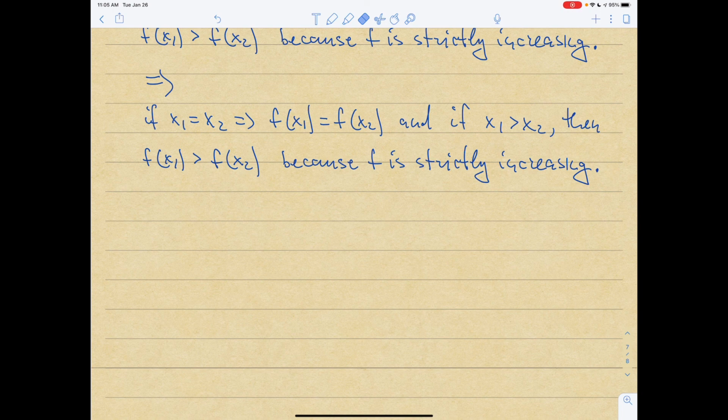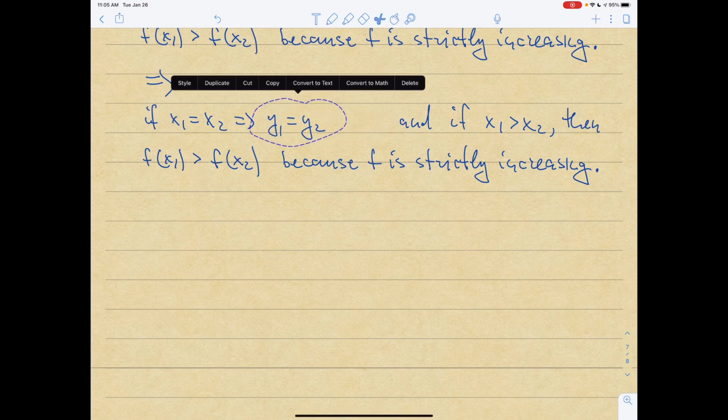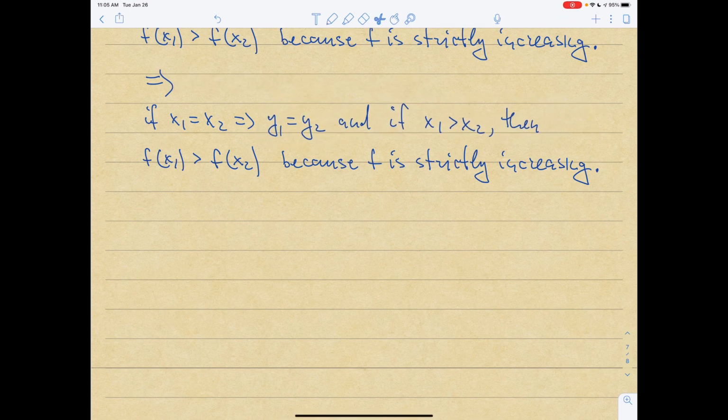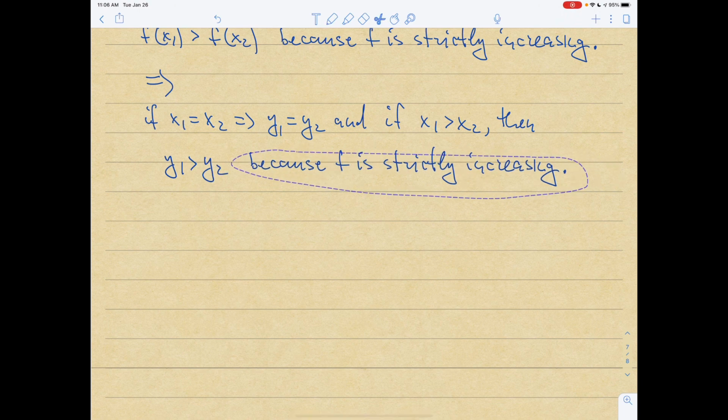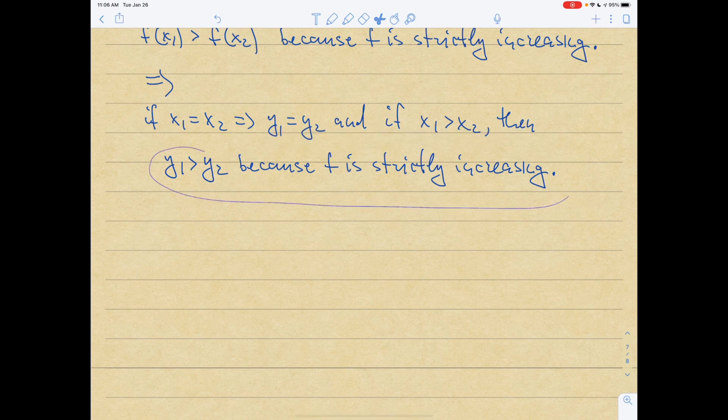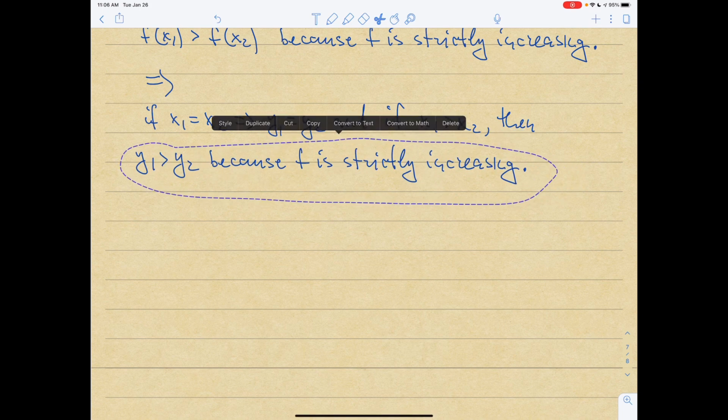So if x1 is equal to x2, f of x1 is y1, f of x2 is y2, so then y1 must be equal to y2. And if x1 is greater than x2, then again, f of x1 is y1, f of x2 is y2, y1 is bigger than y2 because f is strictly increasing. Right, so this is just rephrasing the previous paragraph.